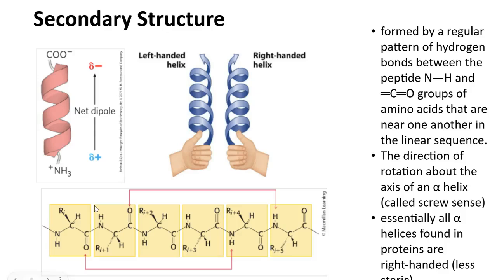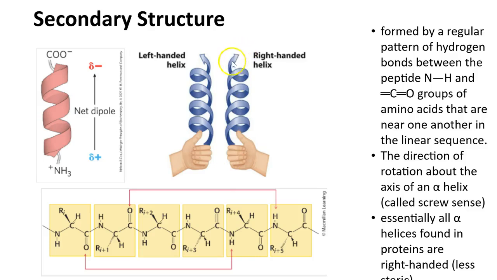And now going into the secondary structure, recall that you have 2 options. You have the beta sheets and the alpha helix. And so this is the demonstration of the alpha helix, and with the alpha helix, you can have the right-handed helix or the left-handed helix. You can usually tell by utilizing your thumb and the direction that your thumb is pointing.